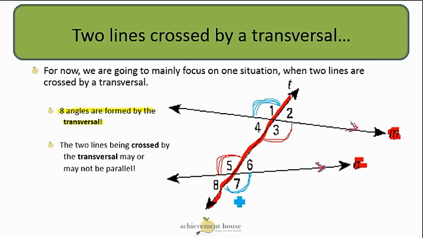And not just angle 1 and 7, but all alternate exterior angles. So, for example, angle 2 and angle 8 in this diagram will be congruent as well. And because the converse of that theorem is also true, we can also say that if angle 1 and angle 7 are congruent, then line M and line N are in fact parallel.